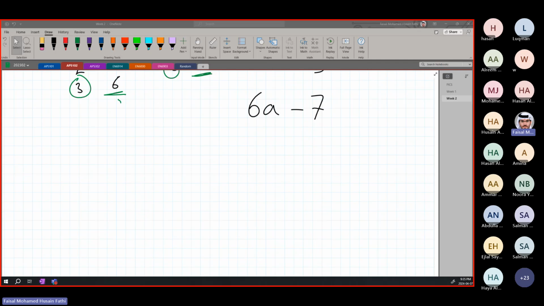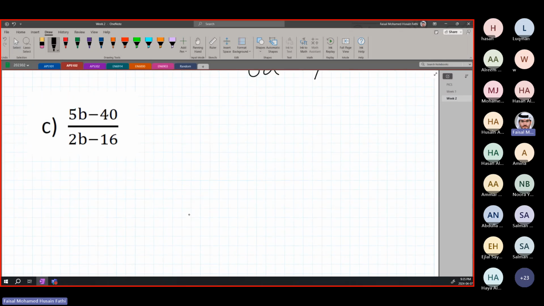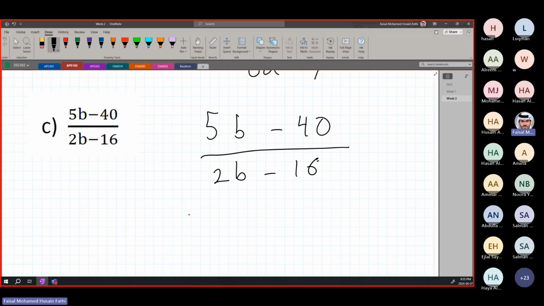Let's take this one, for example. 5b minus 40 over 2b minus 16. So here again, you see the 5 here and you see the 2 here. There's nothing in common directly, but we can take the 5 as a common factor at the top. Then we can take a 5 out from each.